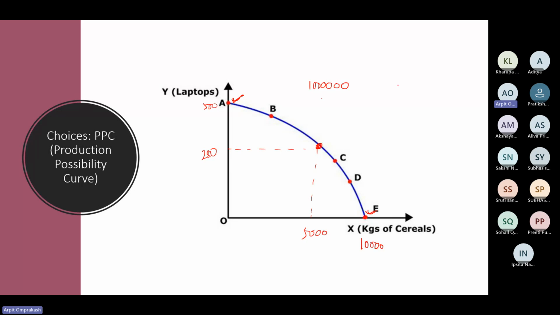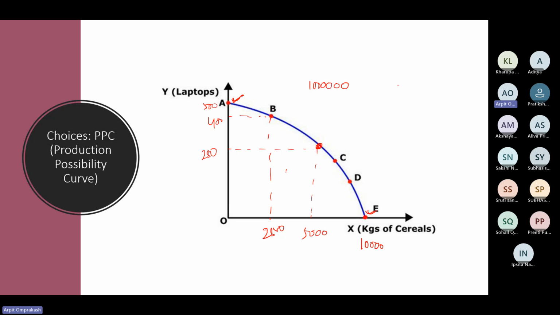All of the resources are used either to produce A or to produce B. So at this point, let's say we are producing 2,500 kg of cereal and 400 laptops, right? So we are using all the resources that are available to us.